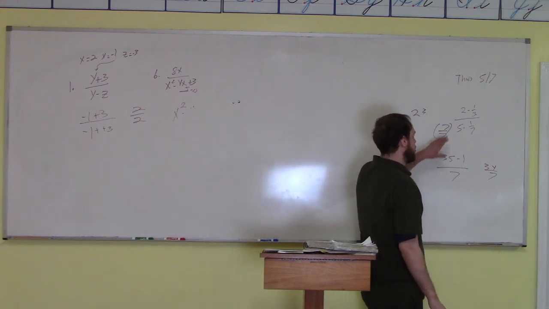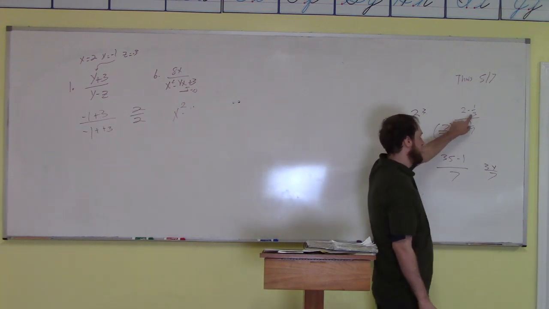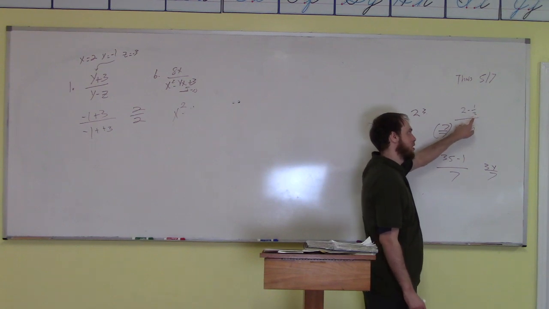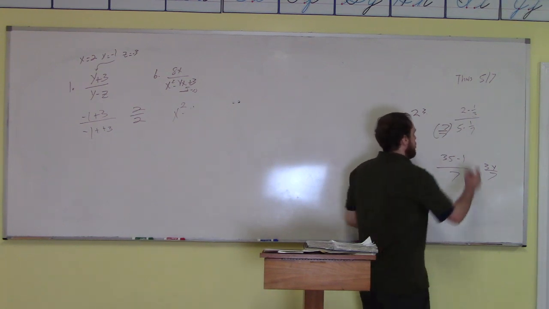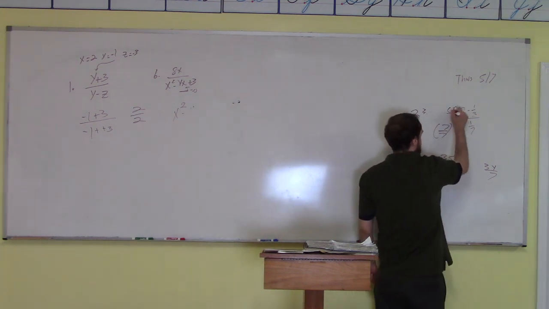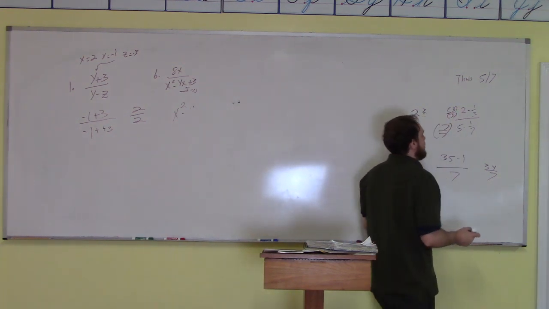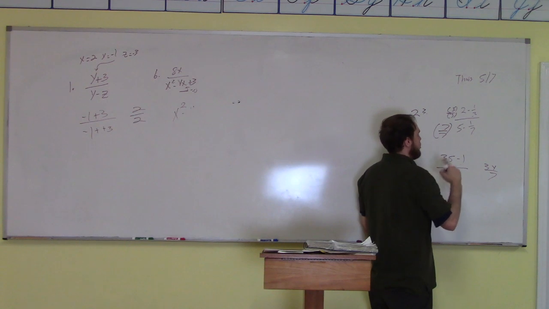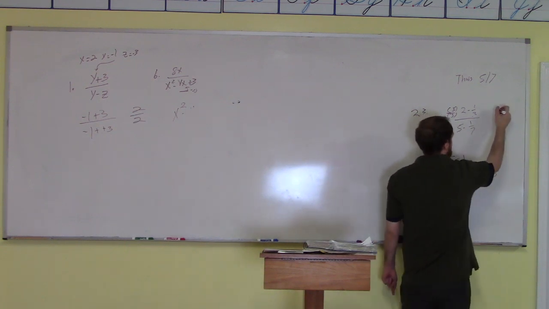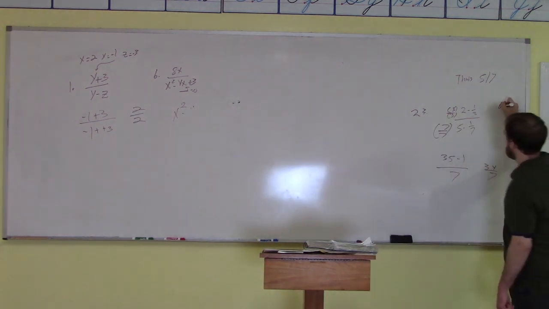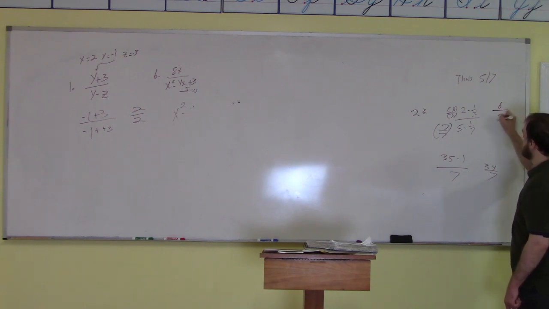Then you also have to do the numerator. The numerator has 3 as the denominator, so you have to multiply this 2 by 3 over 3. And so 2 times 3 is 6, and then 6 minus 1 is 5.